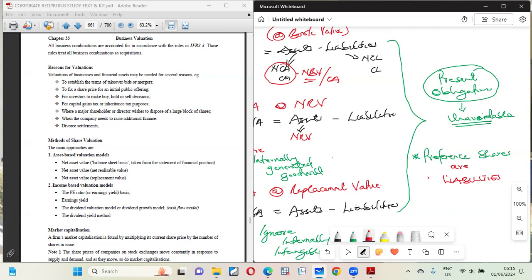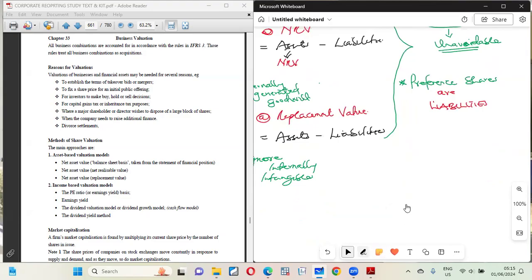Take note of that. So the liabilities of a preference share include its unwinding interest and what? Its principal. So the cash flow of this liability is the interest you have to pay and also the principal, which is the redemption.